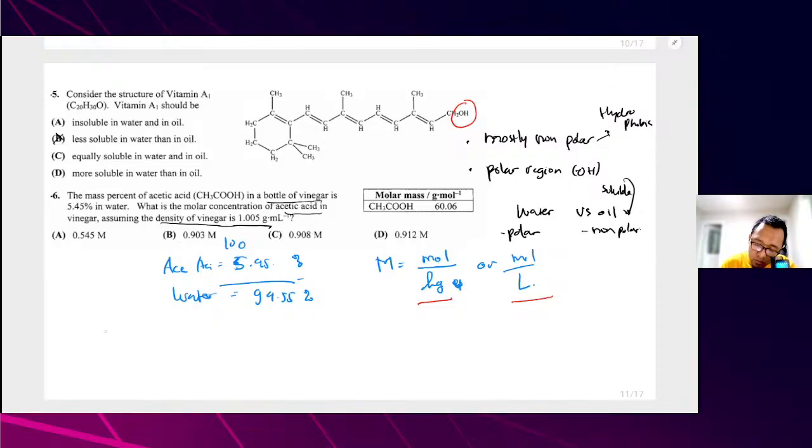So rho equals m per v. We will need to know the mass of acetic acid first.